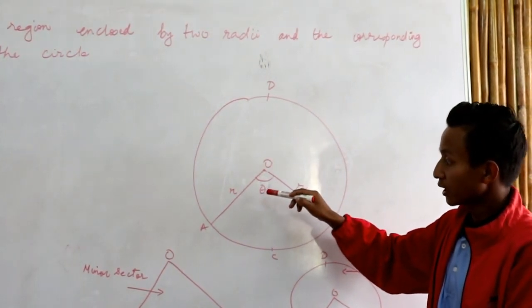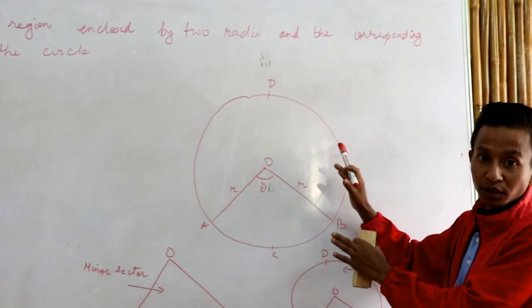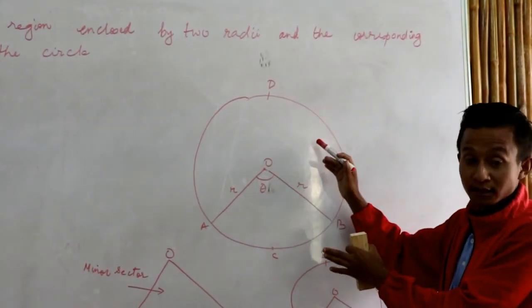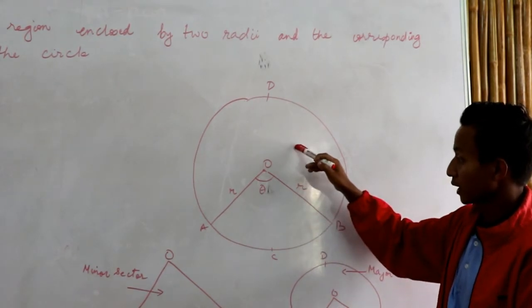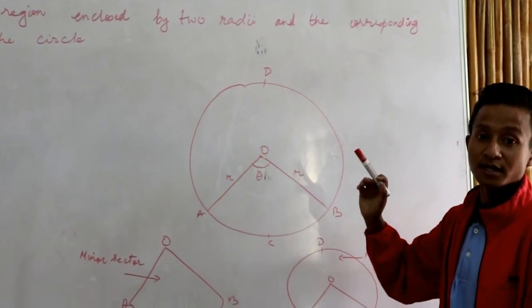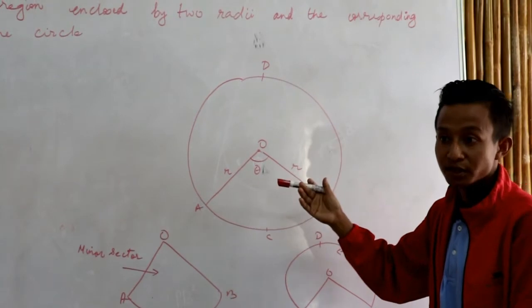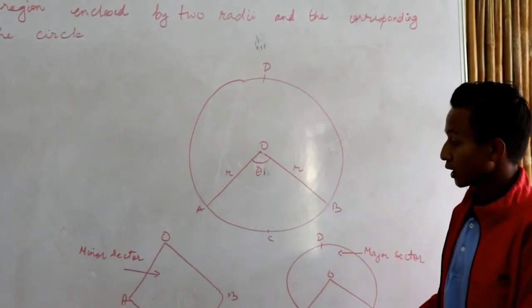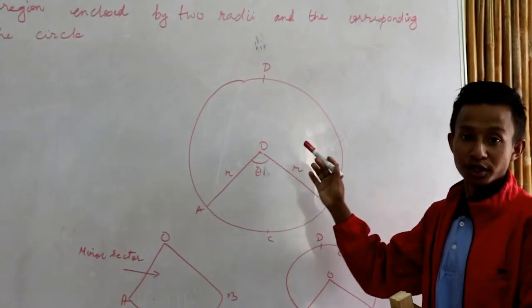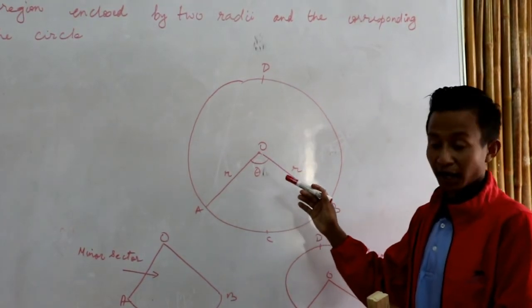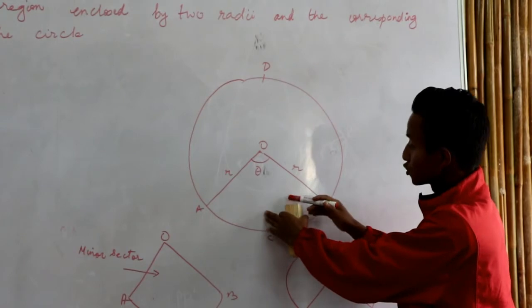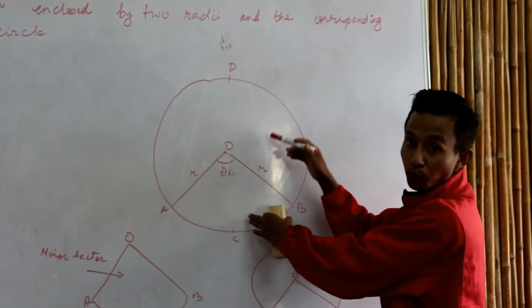But if you look at this diagram, we see that there are two sectors, this one and this one, and we name them the minor sector and the major sector. Which one is the minor and which is the major sector? To understand that, I separate these two portions.